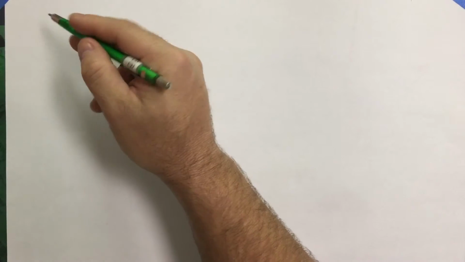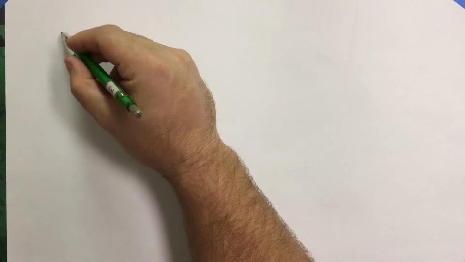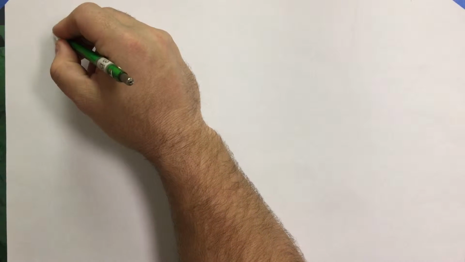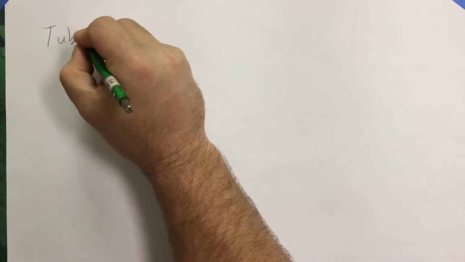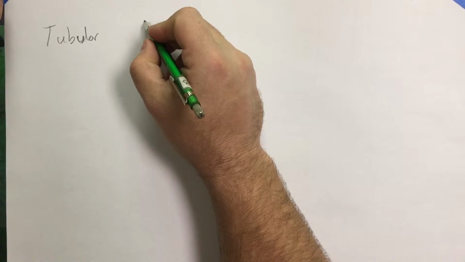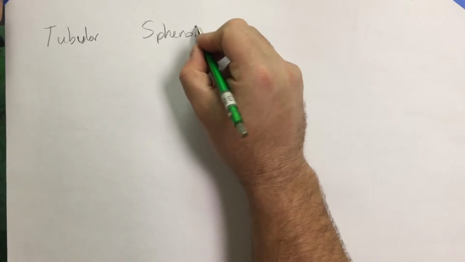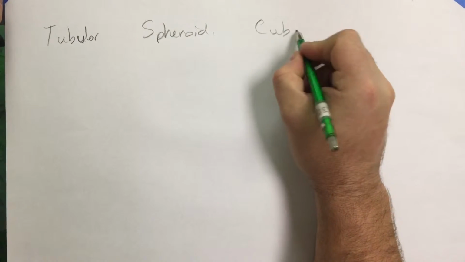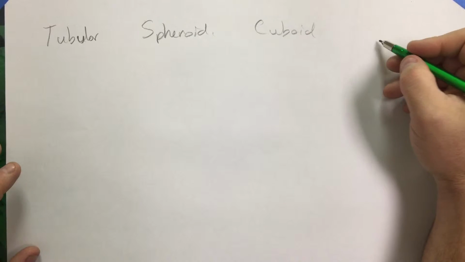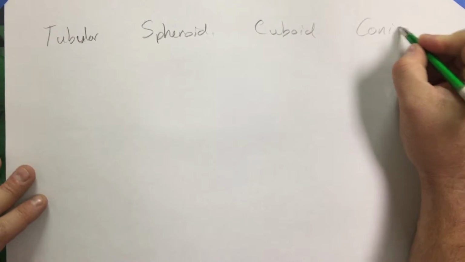So the basic forms that we're looking at when we're talking about constructing forms are as follows. We've got tubular, that would be like a cylinder. And then you've got spheroid, cuboid, and then this is the one that I like and some people don't, and that's conical.